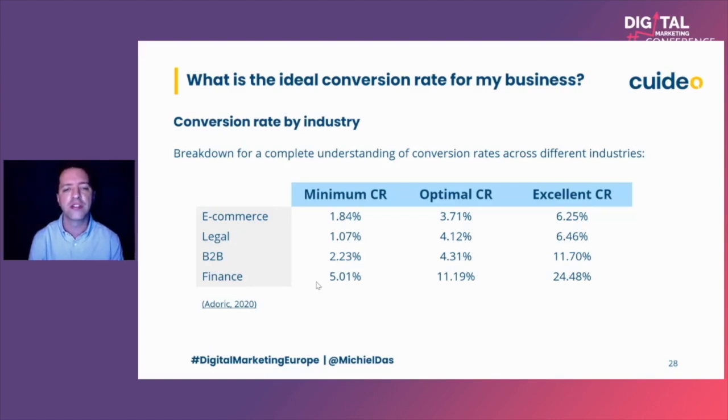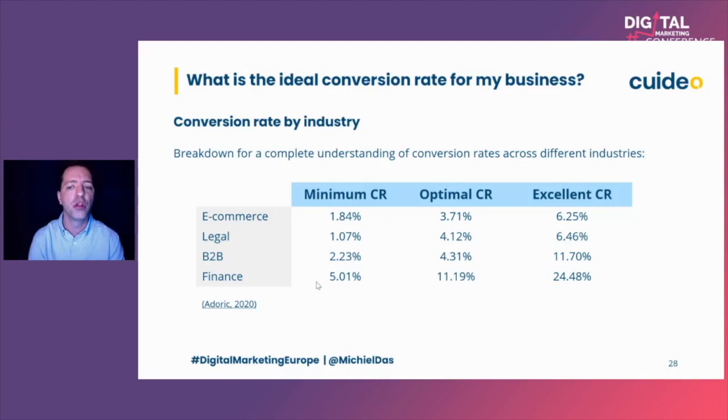So as you can see, there's a different threshold for the minimum acceptable conversion rate when we're talking about e-commerce, which is 1.84%, versus financing, which would be around 5%, because people are much more qualified if they're looking for finance solutions. So depending on the industry, there's a different conversion rate. And you can check this out for your specific industry and for your country, to see what's the ideal minimum acceptable conversion rate.